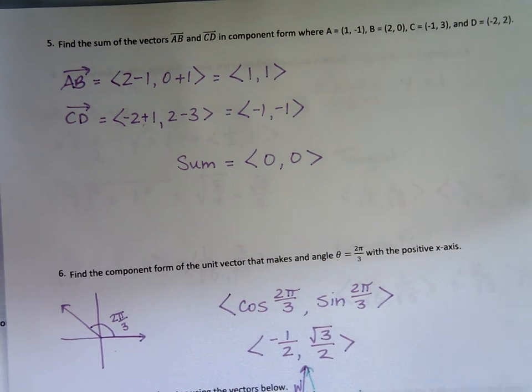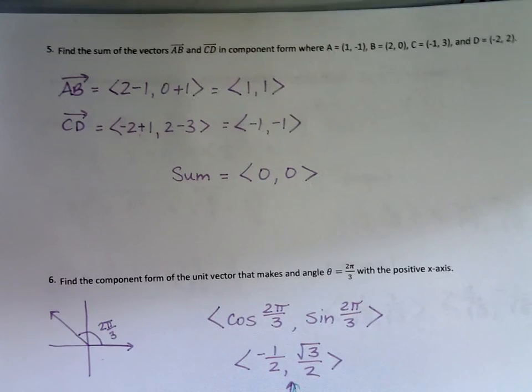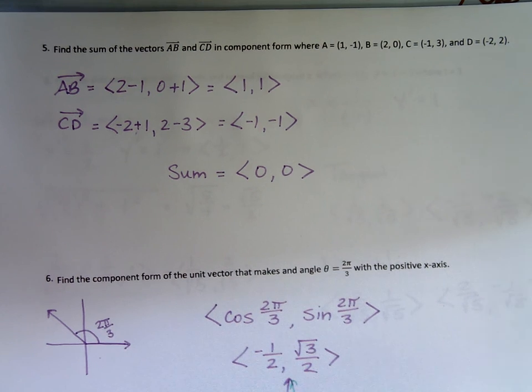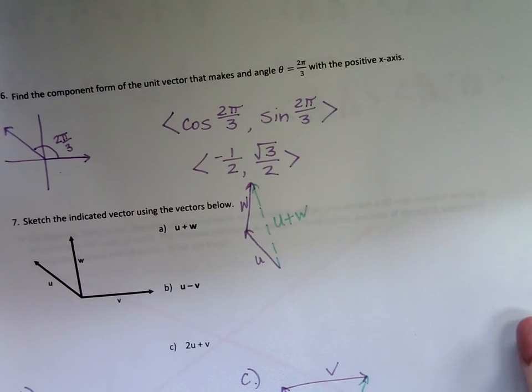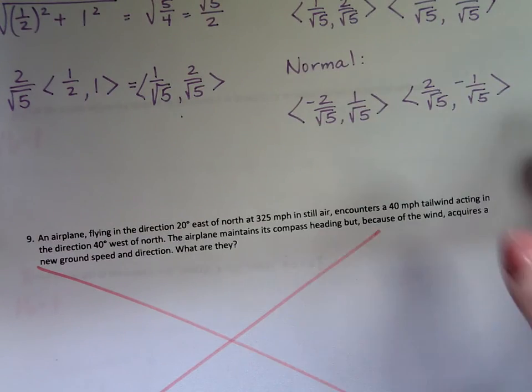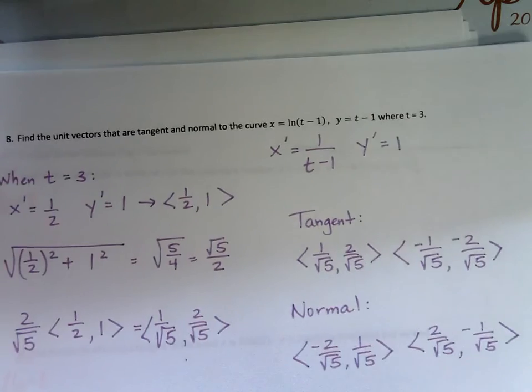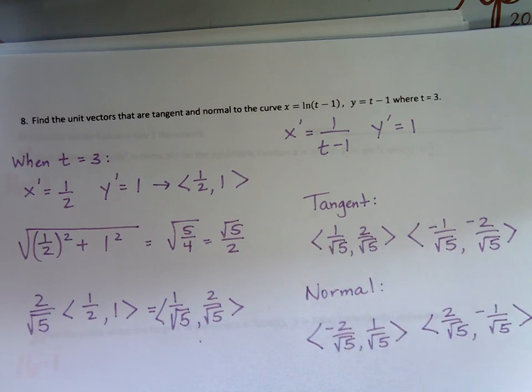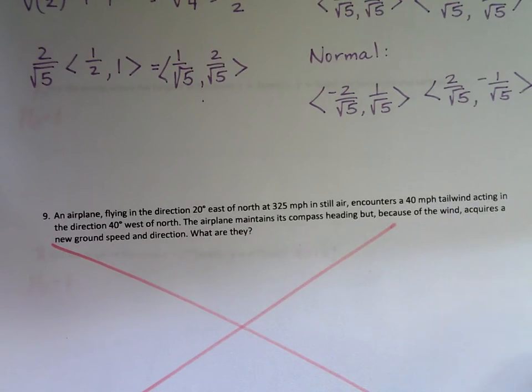Numbers 5, 6, and 7 on the next page, they're all in this section talking about vectors and adding them, or coming up with the component vectors, drawing them. So 5, 6, 7, they're fine. Number 8 is one of those tangent normal line things, so give that one a shot. Number 9 is the airplane flying. You don't have to do that. That's it for homework 1.